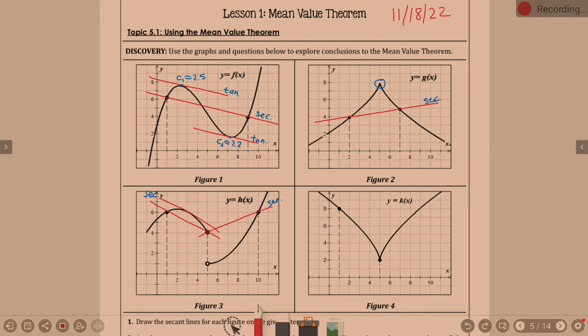We're doing the same thing, to be parallel to the other. You would want it on the same piece of the graph. Since this secant line goes from 1 to 5, our tangent line needs to be within that same interval. And the same with the other one. Right here we have an interval from 5 to 10, and with that secant line, then a tangent line in that segment. Okay?